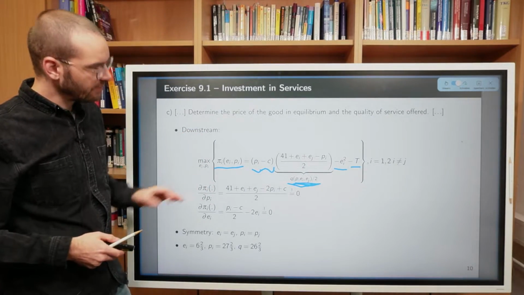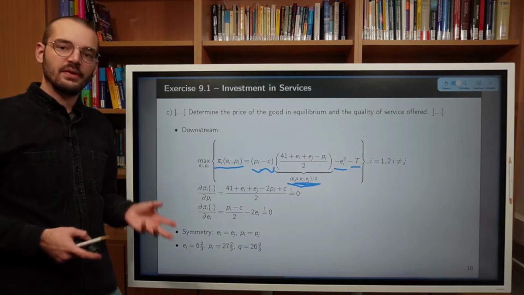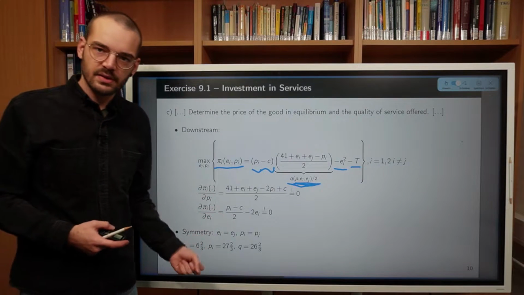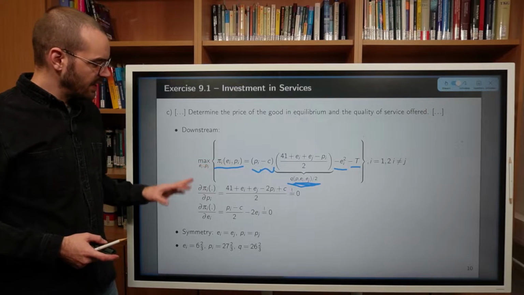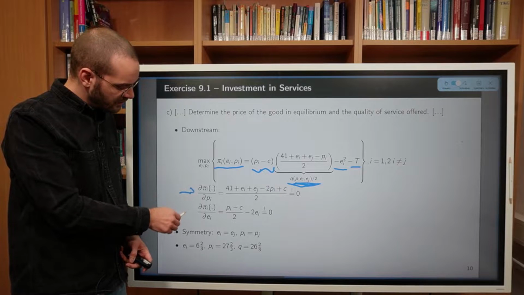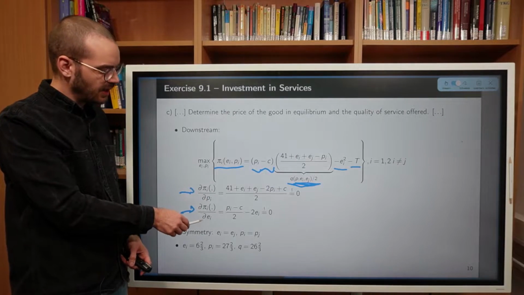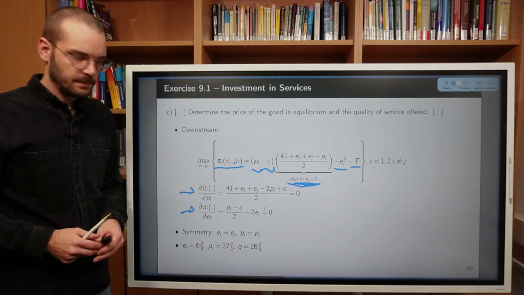Right, and with this profit function, we can now, of course, continue finding the profit maximizing strategy on the downstream level. As we have said, the downstream retailer maximizes their profit by choosing the two strategic parameters, price and services provided.